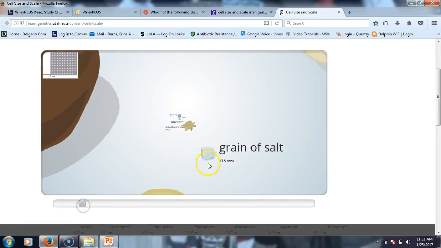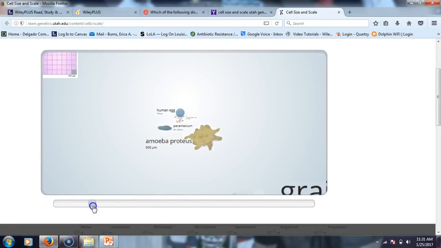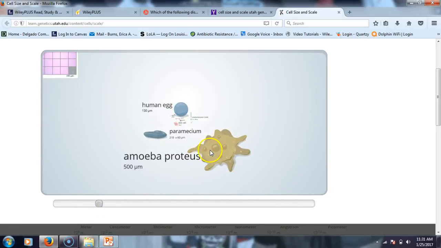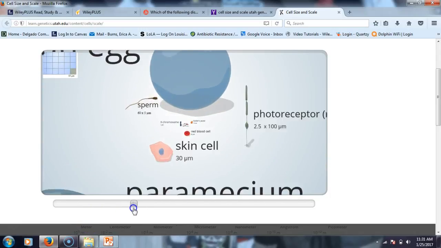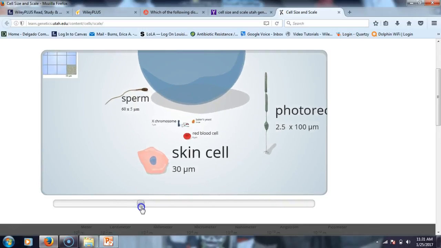And you definitely would need a microscope to see a grain of salt, which is only about 0.5 millimeters, right? And then to see the microscopic organisms like amoeba and paramecium and the human egg, which is the largest cell in a woman's body, or a single skin cell, or the rod photoreceptor in your eyes, right? We would need microscopes to see these things.